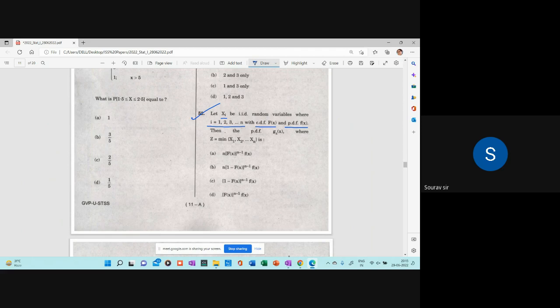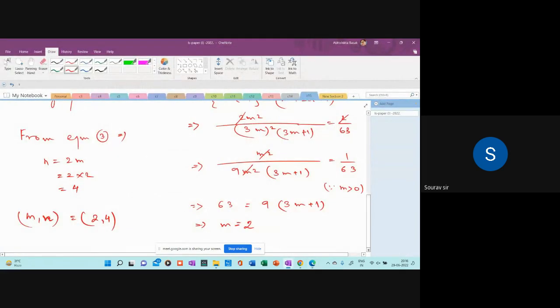So the PDF of g of z, where Z is nothing but X order 1. They have defined X order 1 as the minimum of Xi, 1 less than or equal to i less than or equal to n. This was my notation, and we have to find the PDF of this. So let me brief out the question a little bit.